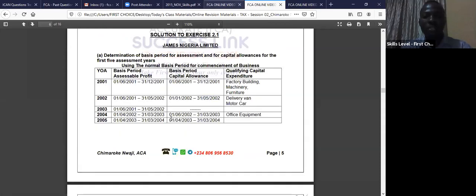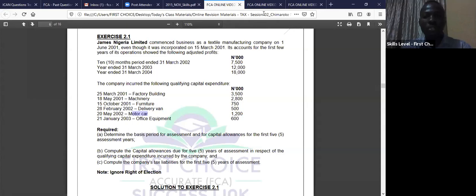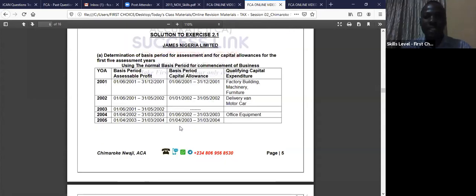Okay. Then office equipment is in January 2003. Where is January 2003? You can only get here. So here you cannot charge initial allowance, only annual allowance. Okay.